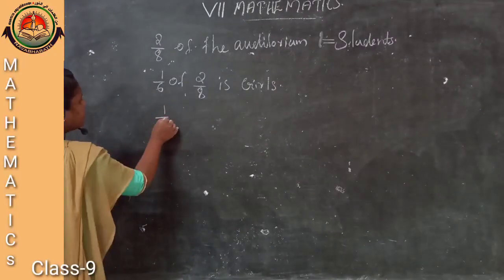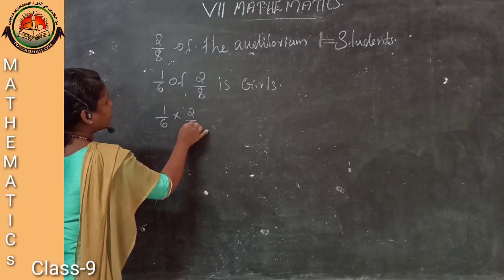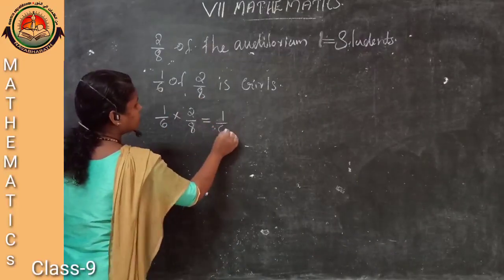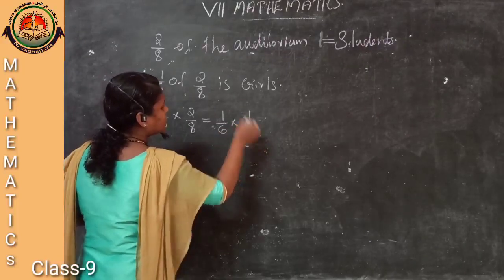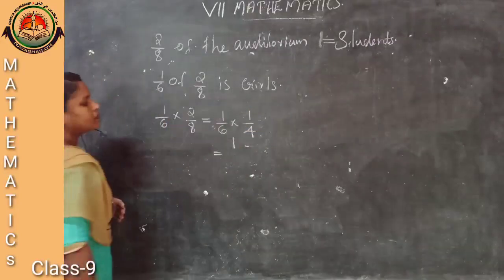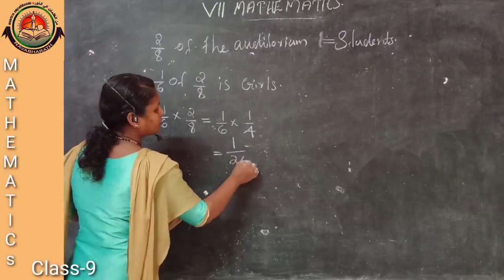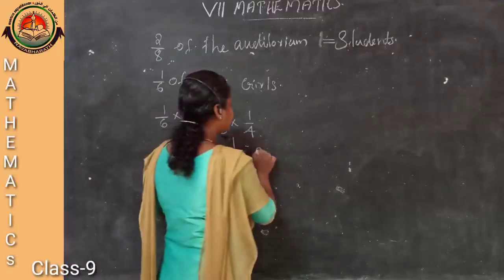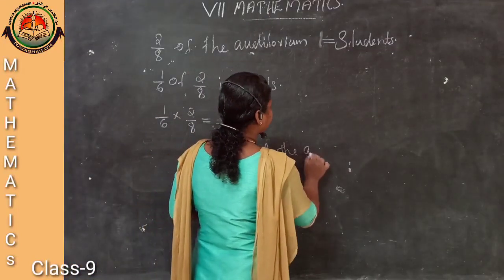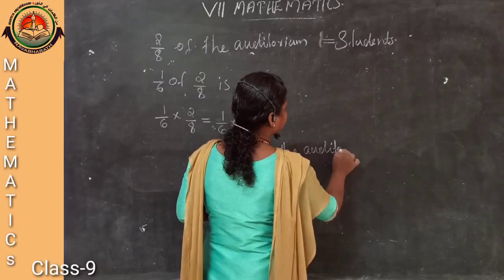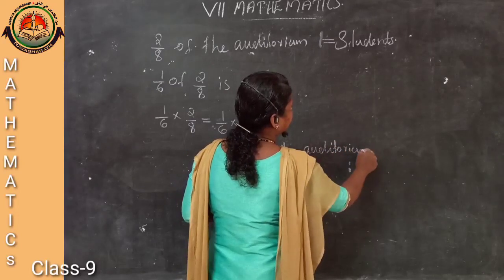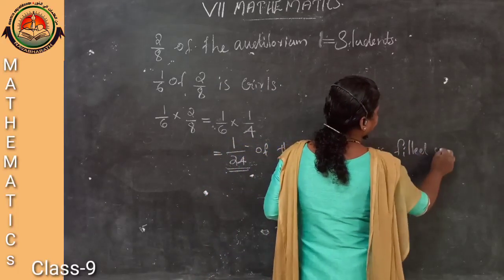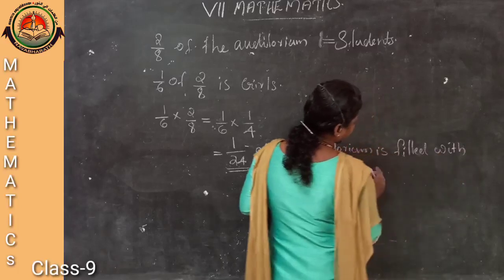That is 1 by 6 into 2 by 5. So 1 by 24 of the auditorium is filled with the girls.